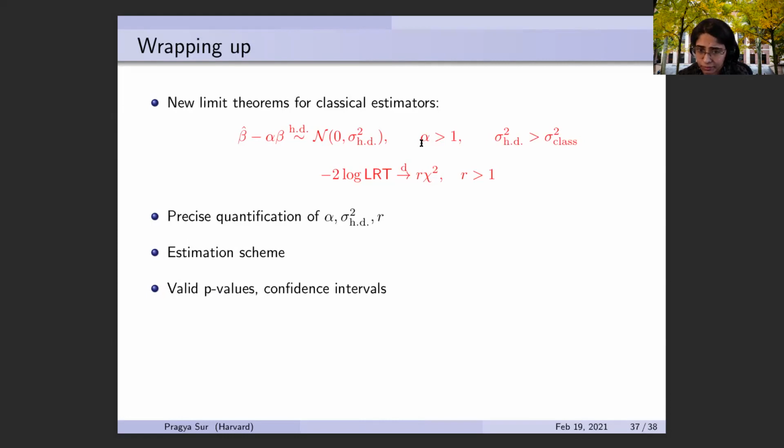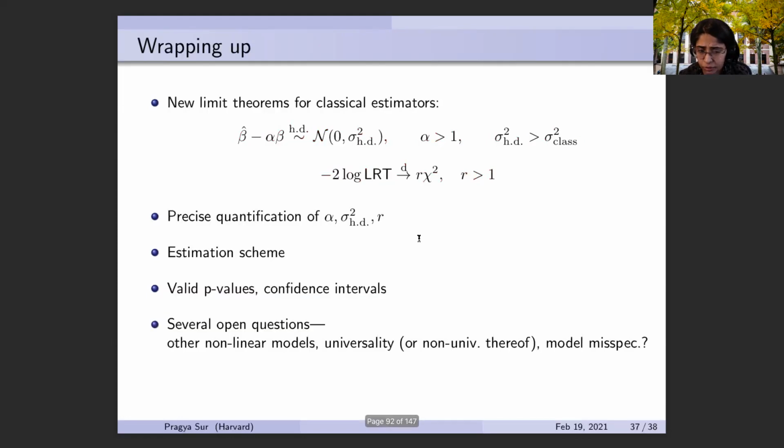There is a multiplicative bias, there is an inflation in the variance, and there is a rescaling factor one needs in the chi-square distribution. I provided an estimation scheme for the signal to noise ratio, and we saw how to construct valid p-values and confidence intervals based on these. There are lots of open questions following all these works, and looking at some of them now.